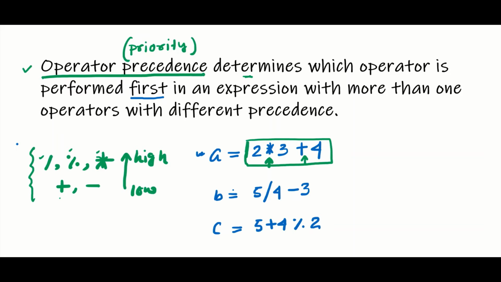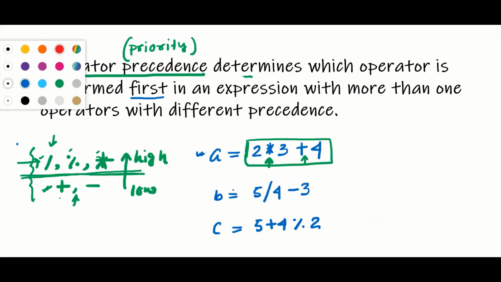But the first 3 are higher in precedence. So if any of these 3 operators appears with either of these 2 operators, the one from the higher set gets the higher priority, and that part of the expression will be evaluated first.